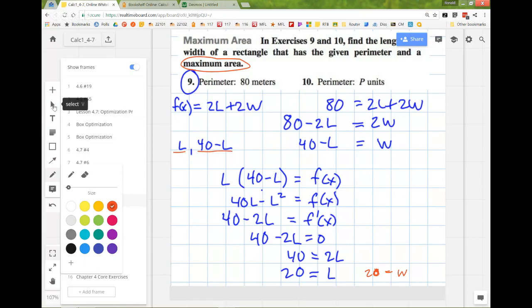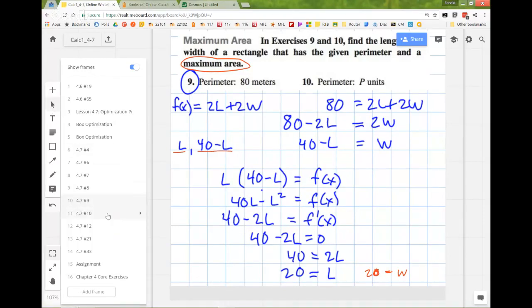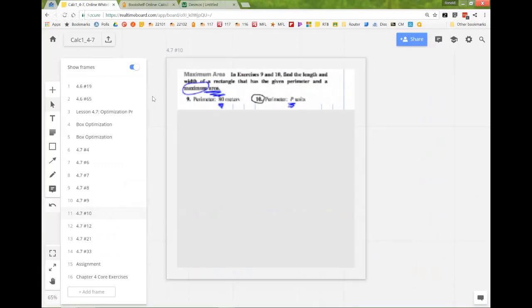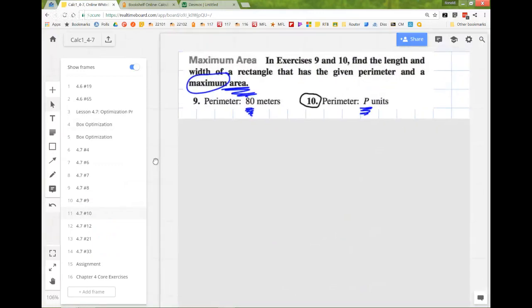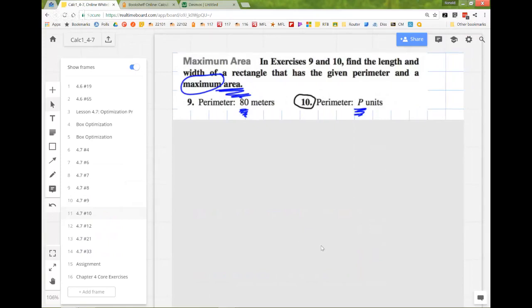All right. Now we're going to enter into a level of complexity here in the next step. This time we're going to do number 10. And you'll see that number 10 has an extra challenge to it. At least that's the way most students seem to react to this.